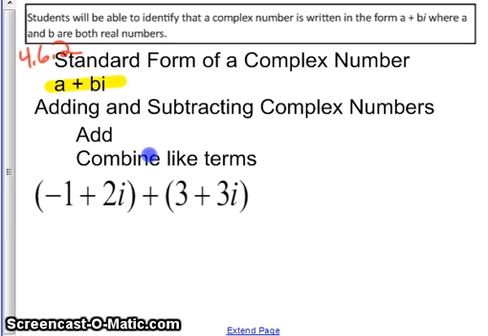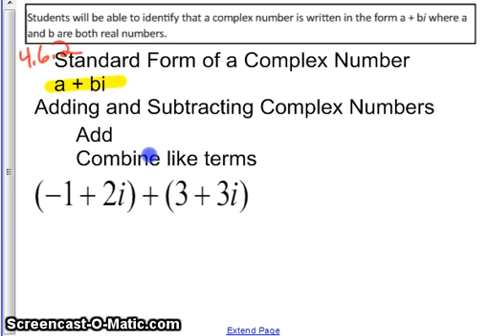What you're looking at in this problem, the first parentheses is an a plus bi, so all of that is a complex number, and the second parentheses is another complex number. Today we're going to add and subtract complex numbers.